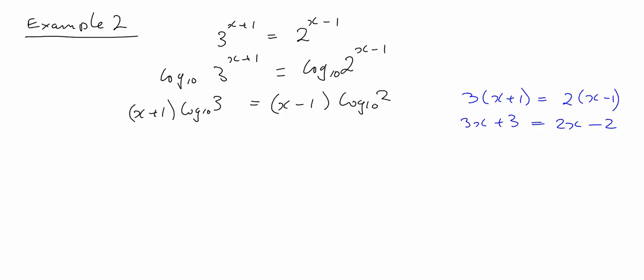Collect up the x terms. 3x minus 2x is x, and subtract 3 from both sides, we'll get x equals minus 5. Well, we do the logarithm equation in the same way. We expand the bracket.